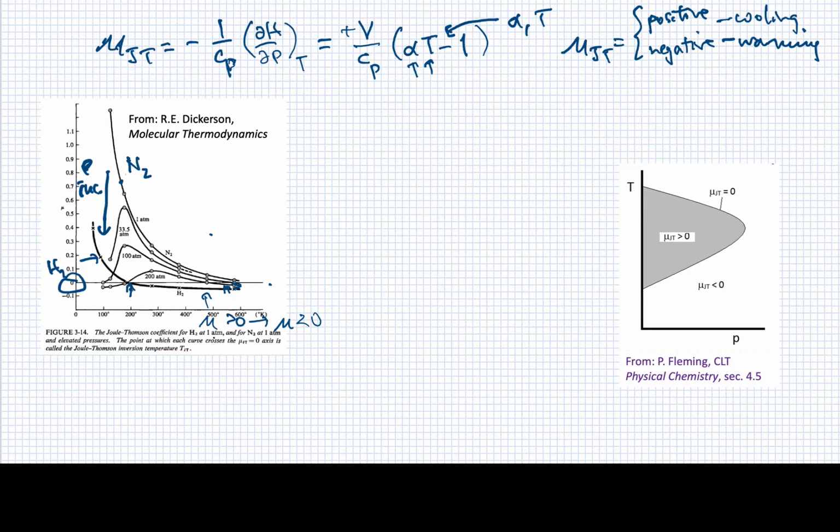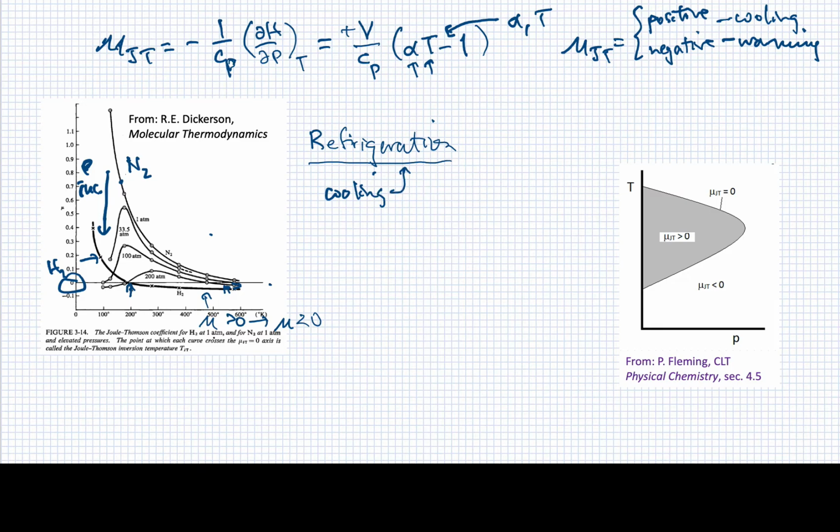Now, why would we care about all this? Well, it turns out that this Joule-Thomson experiment is in effect the same way that we generate refrigeration these days. By taking a gas and expanding it appropriately through a porous membrane of some sort, or by throttling the expansion of the gas, we can actually cause it to cool off, and that cooling effect can be quite extreme, and that's what leads to refrigeration.